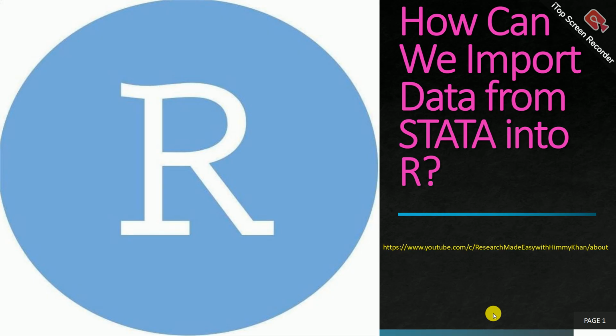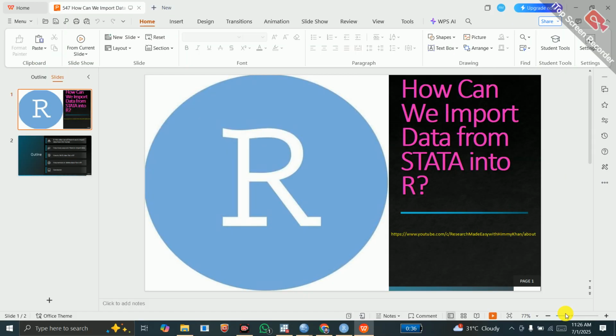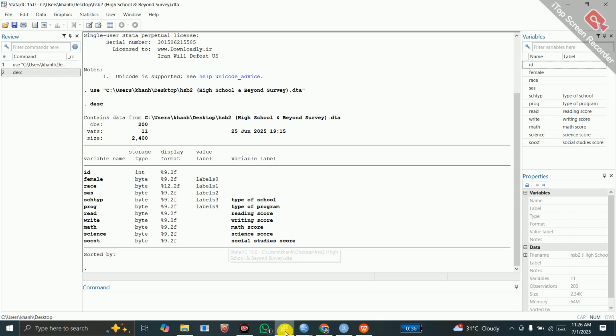So let me open my R Studio, but before that, let me show my Stata data. This is the data that I would like to import into R. You can see the name of this file is HSB2, that is High School and Beyond Survey.